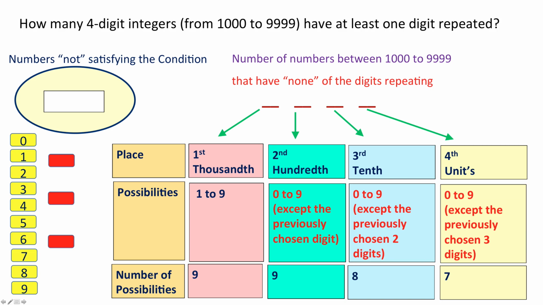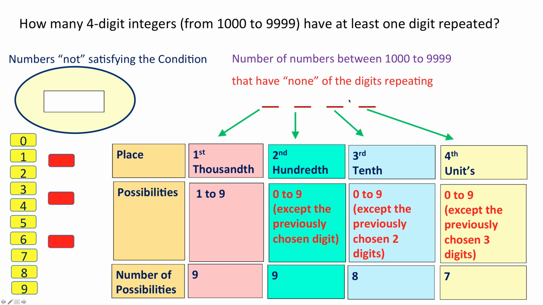Now the key point to note here is all these places can be filled in independently. When I say independently, it means for each of these 9 ways that you have used here, there can be 9 possible ways of filling in the hundred place, 8 possible ways of filling the 10th place, and 7 possible ways of filling the units place.